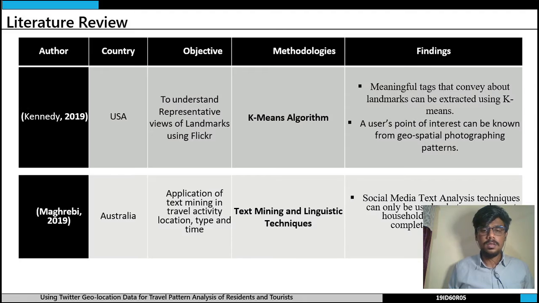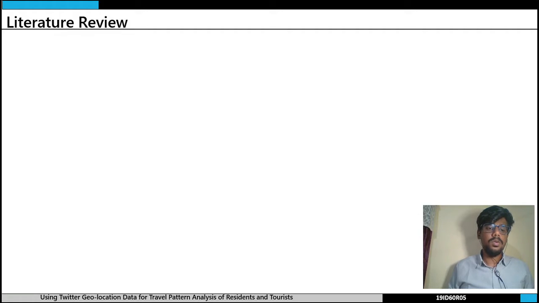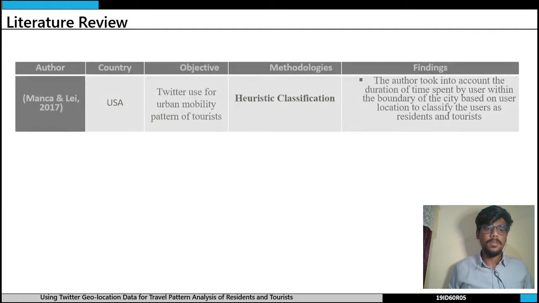Maghrebi used similar text mining and linguistic techniques on Twitter data to find travel activity location, type, and time. What he found was that social media text analysis techniques can only be used to complement household surveys and cannot completely replace them.